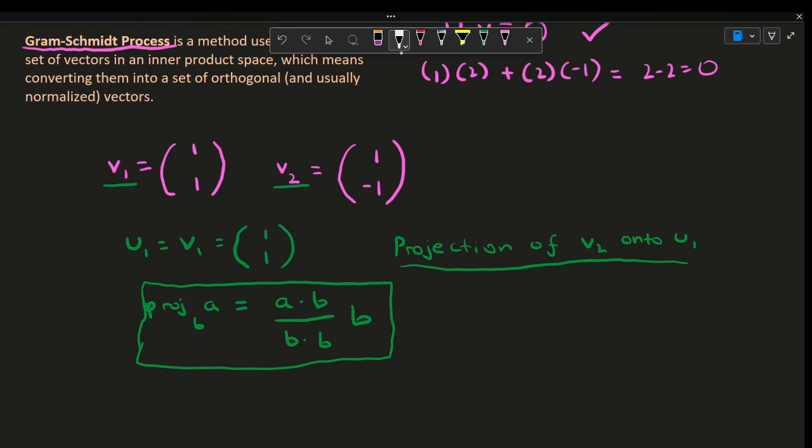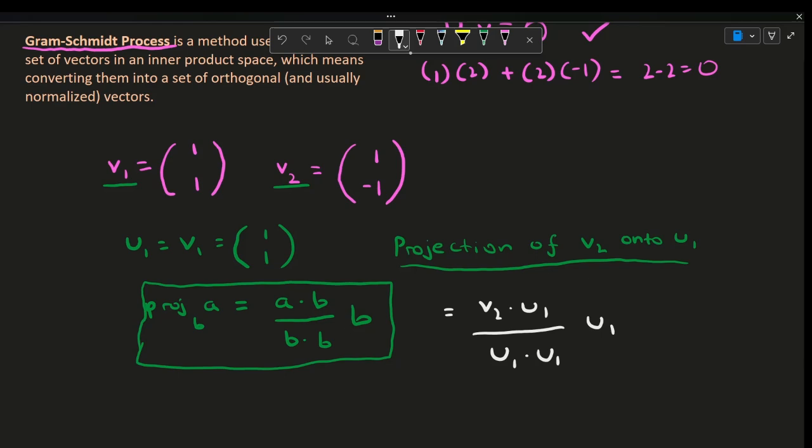We just follow the same formula. The projection of v2 onto u1 would be equal to v2 dot u1, the dot product of these two, divided by u1 dot u1, times u1.